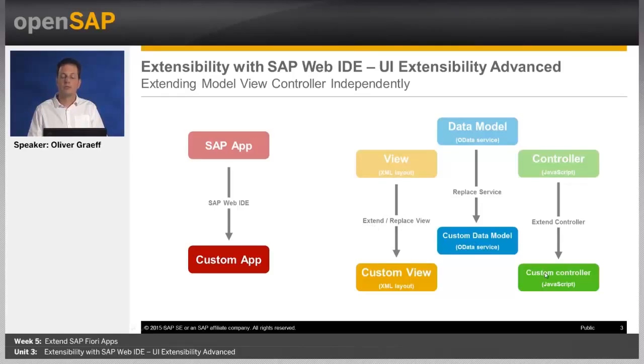If it's the controller, so you need some different behavior of your view, you would extend the JavaScript controller. And if changes to the data model are necessary, of course, you would need to enhance the data model. But each of the extensions can work separately. So you only touch those elements which you actually need to change, and the rest remains unchanged, unmodified.